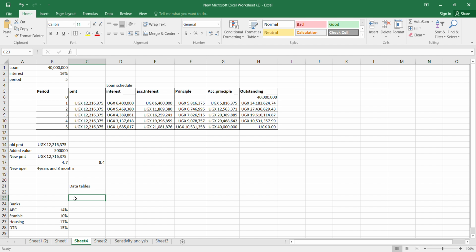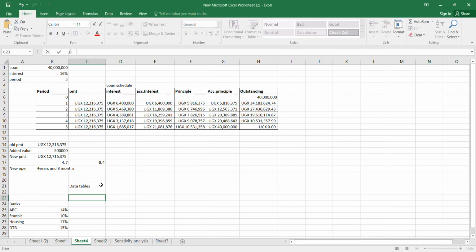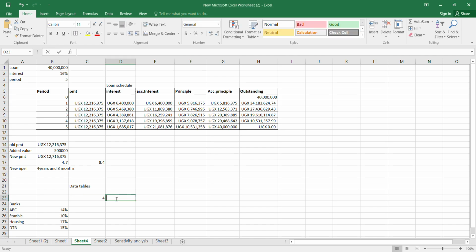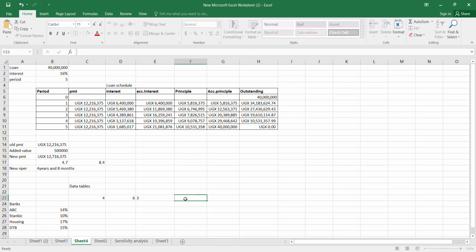And then we shall have the period. The periods are 4, 6, 3, and 5.